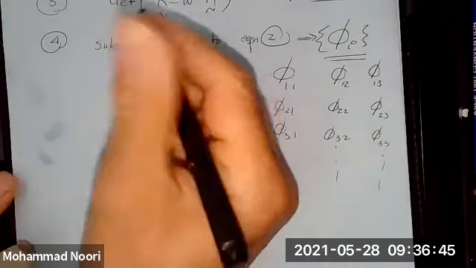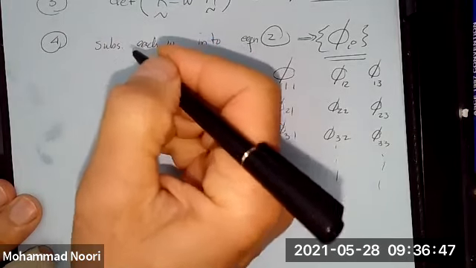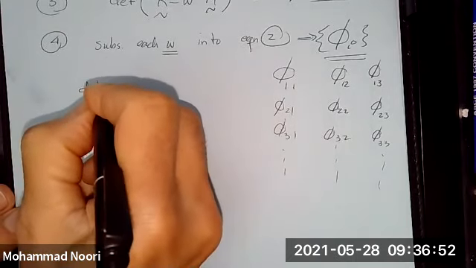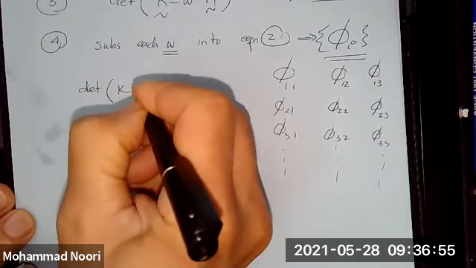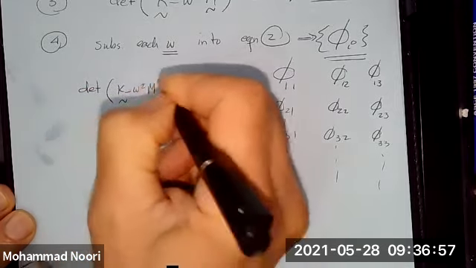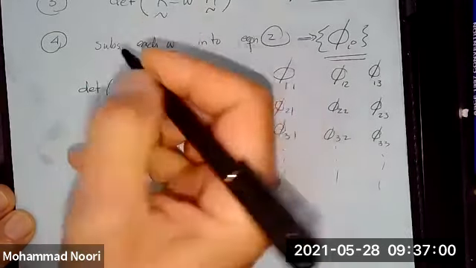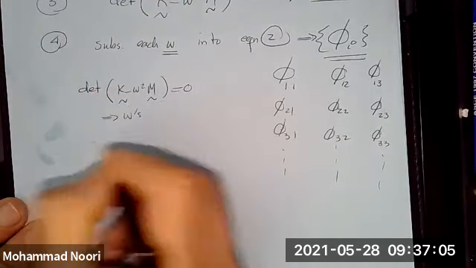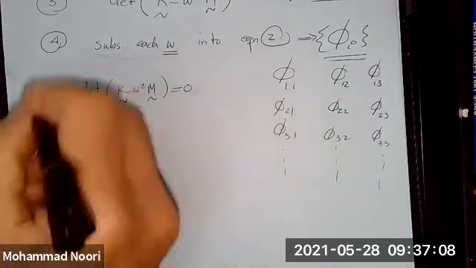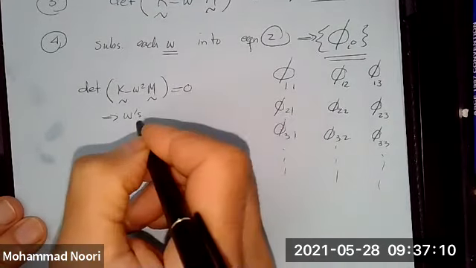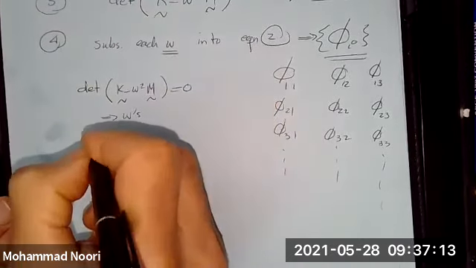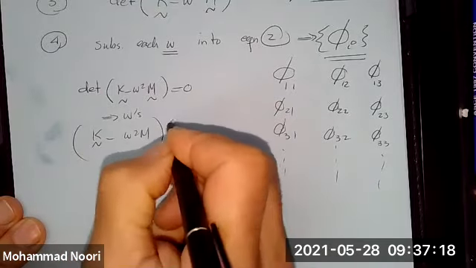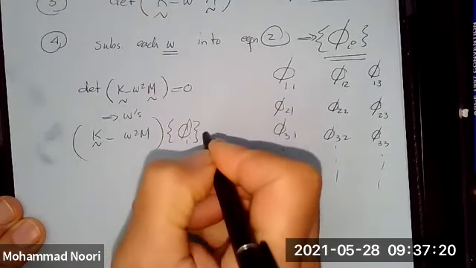Let me again tell you that when you write this determinant of the coefficients, k minus omega squared m equal to 0, which we did last time, it led to these omegas, which you substitute back into that equation, and you find these phis.